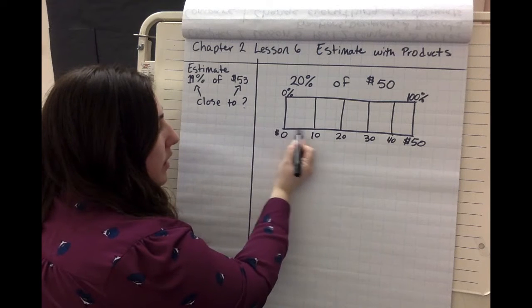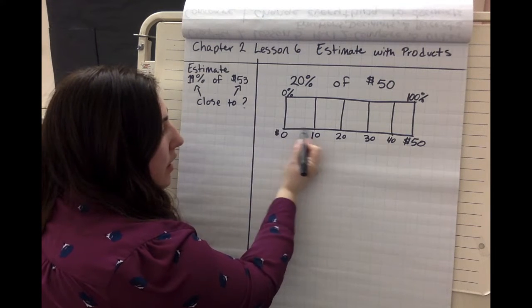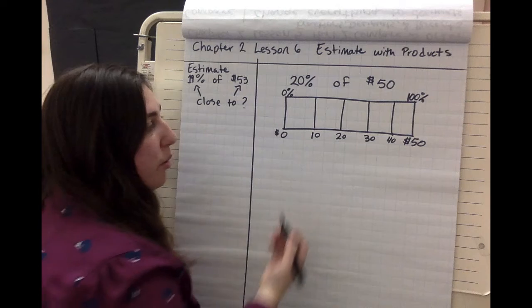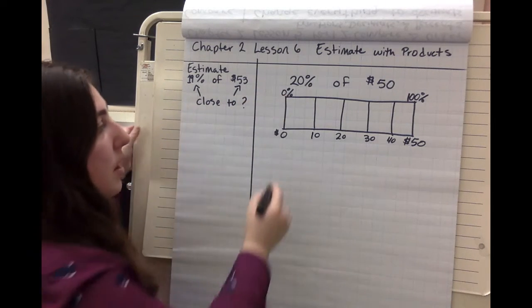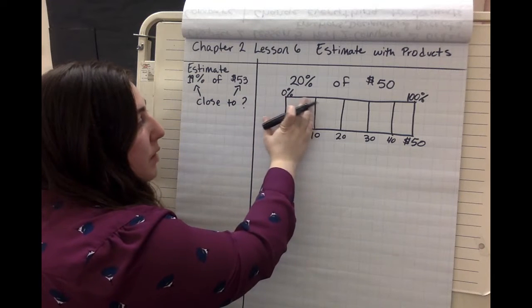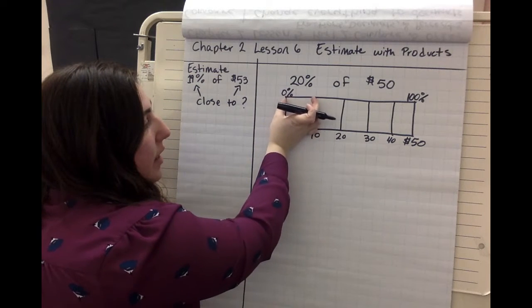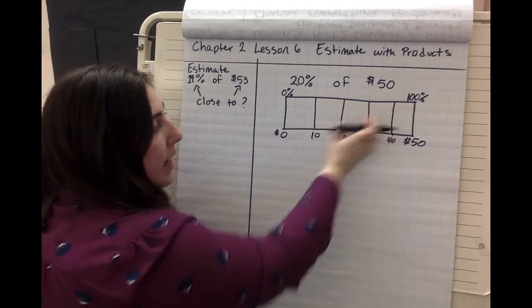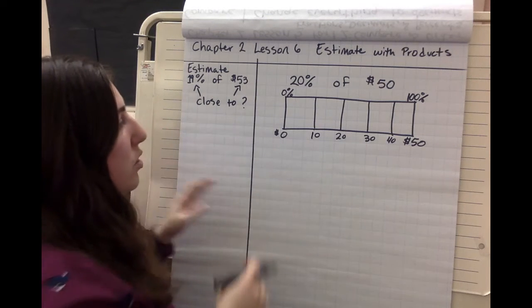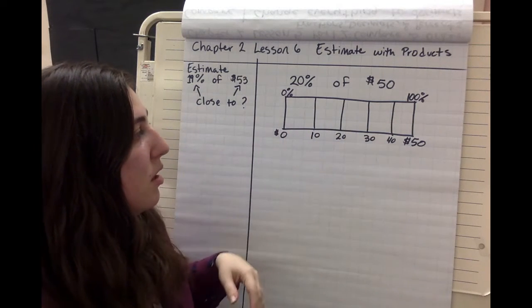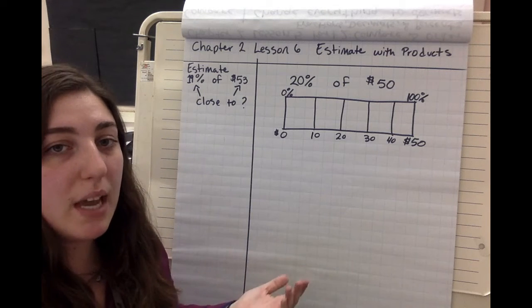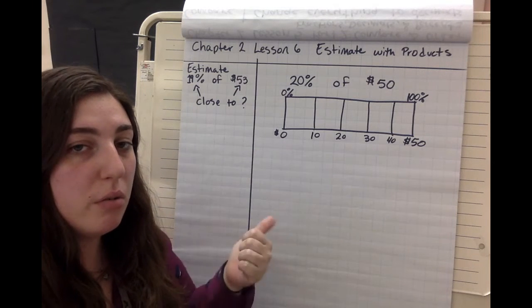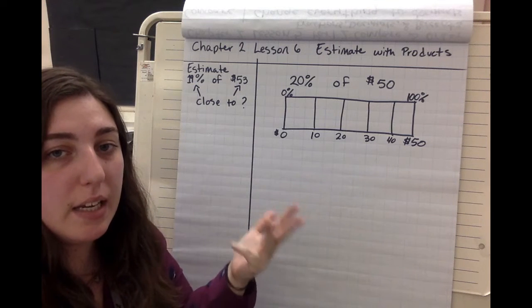So in this section, that would be $10, and from 0 to 20, that would be $20, and so on. At the top here, I'm going to divide each section into equal percentages until I get to 100%. I know I have 5 sections, and if I counted by 20%, I would get up to 100. So 20, 40, 60, 80, 100.